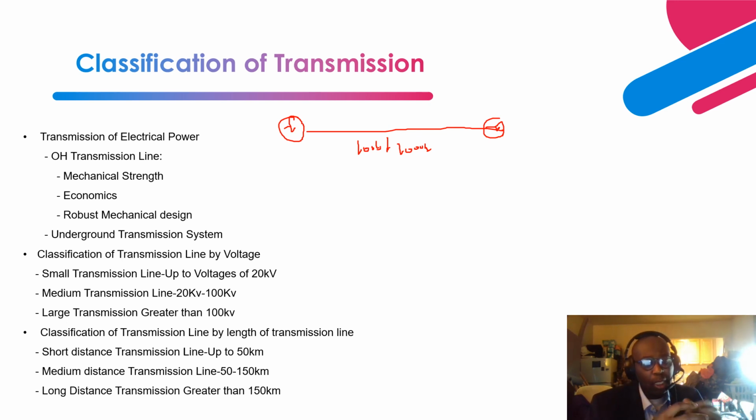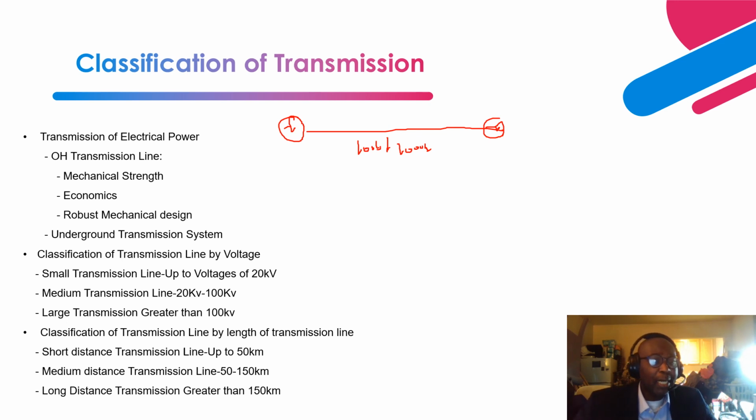Transmission lines are built based on mechanical strength, right? The transmission towers should be able to support these conductors that are installed in space, right? It also has insulator discs and other hardware that is supposed to support them.